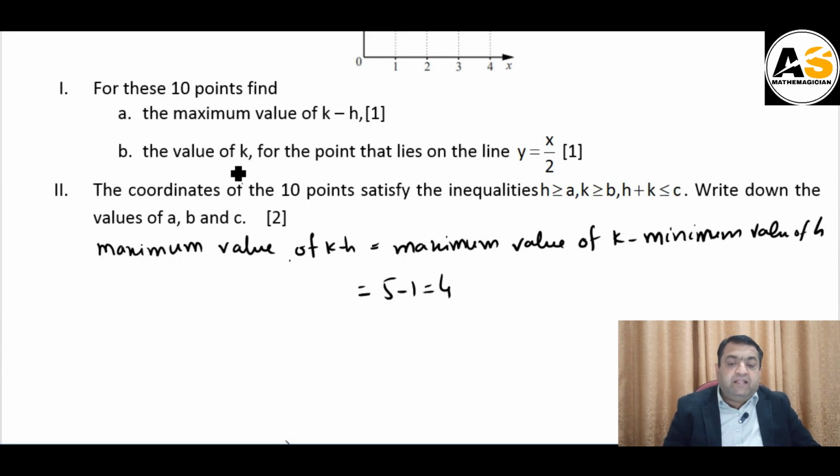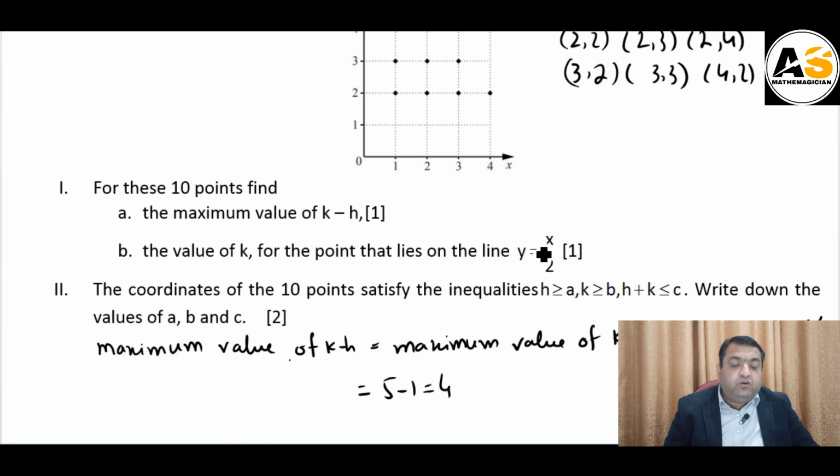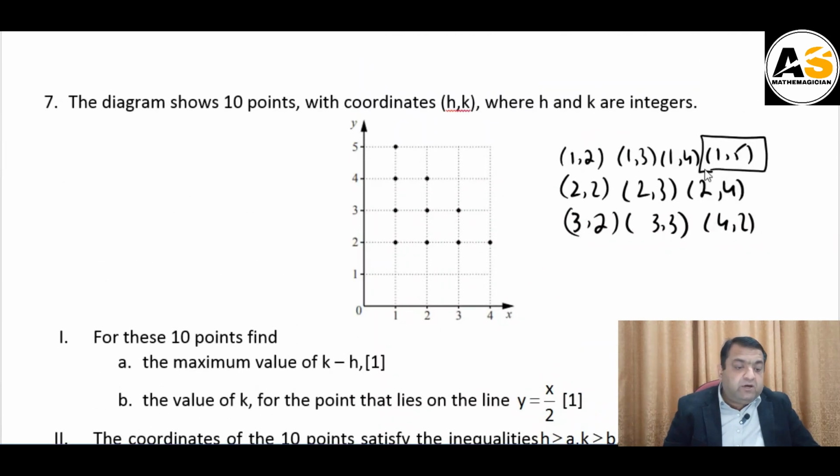Now we need to find the value of k for the point that lies on the line y is equal to x over 2. Y is equal to x over 2 means y is half of x. What are the points there? Y is half of this.